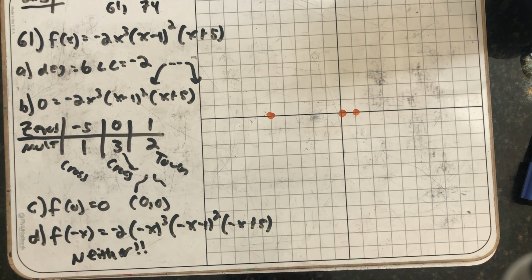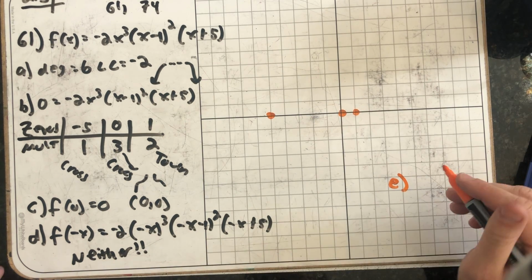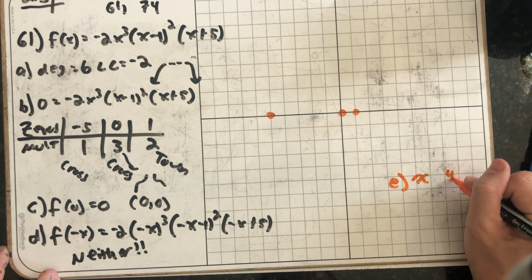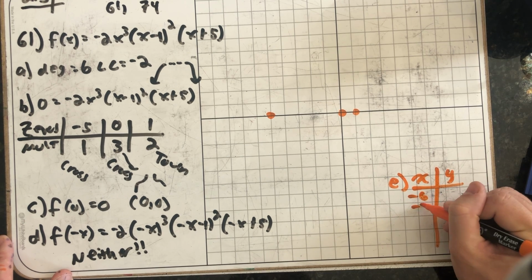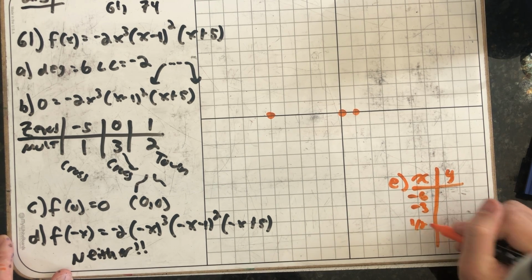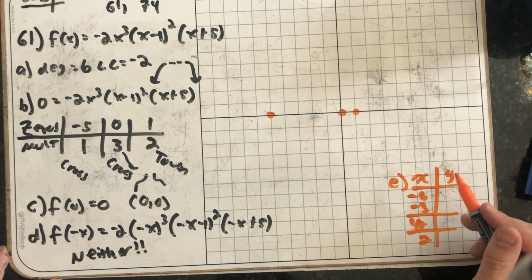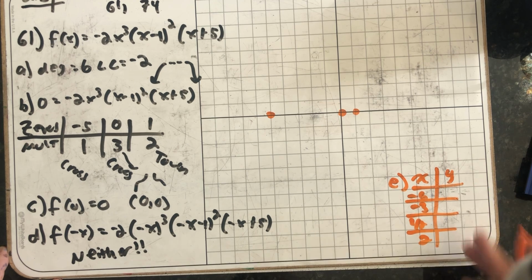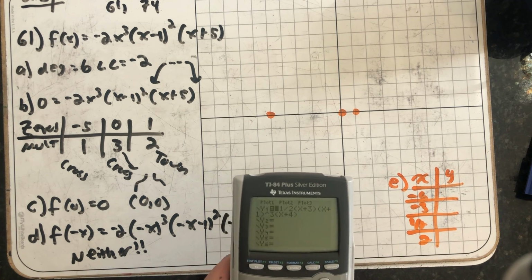So in part E, as I like to do, I'm going to pick x values between the intercepts and in the regions to the far left and far right of all the intercepts. All right, and so here I want to show you what happens on this one.